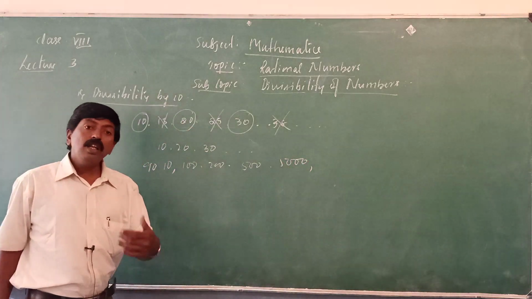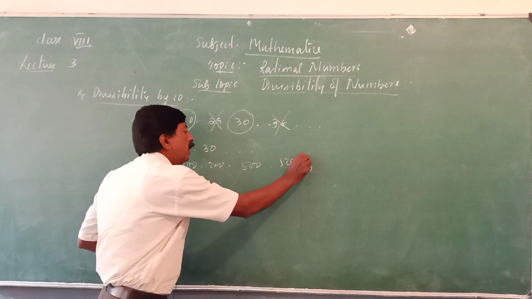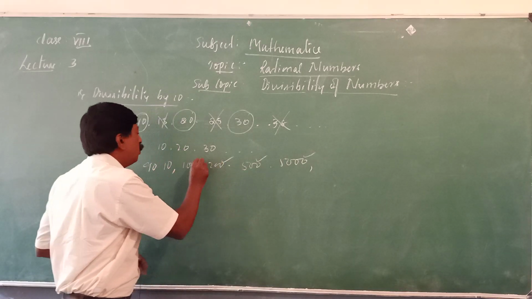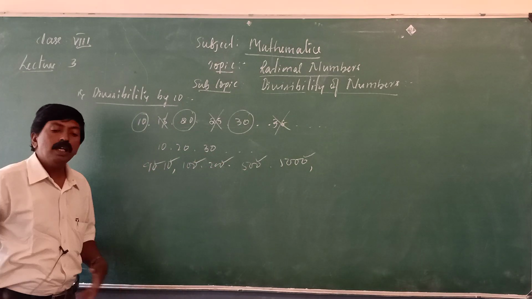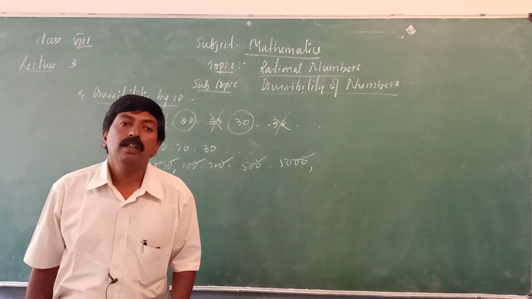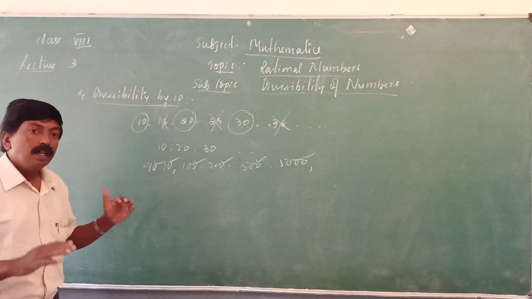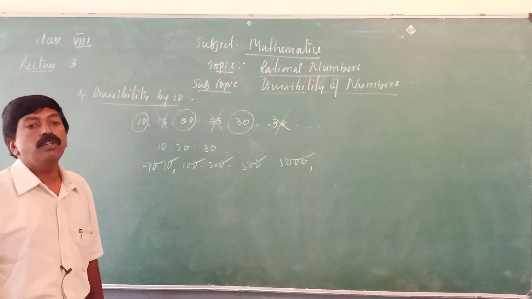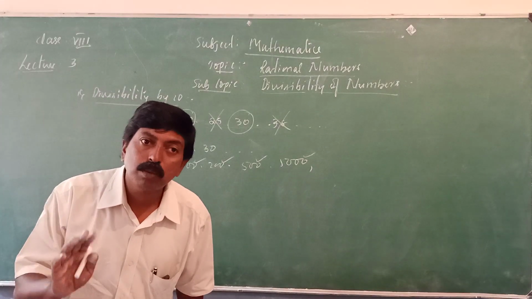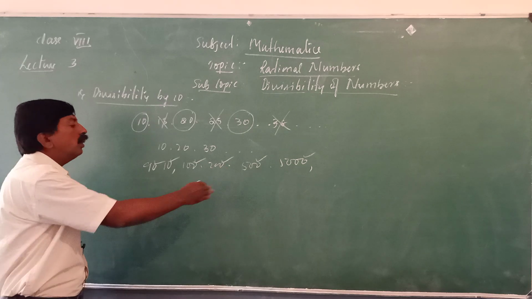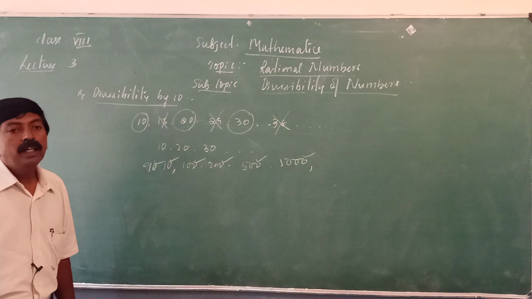Any number with 0 at the unit place is always divisible by 10. So you can remember, the divisibility test says that in the unit place there must be a 0. All such numbers are divisible by 10.